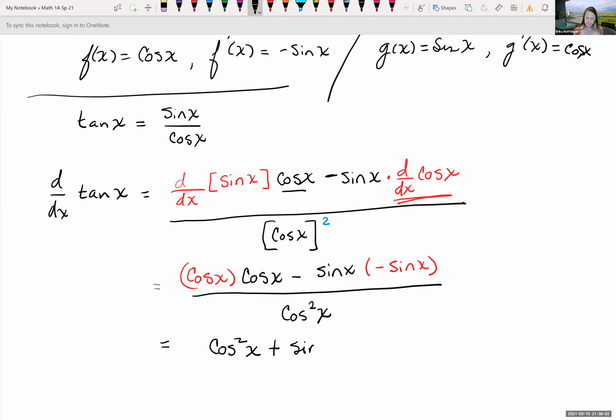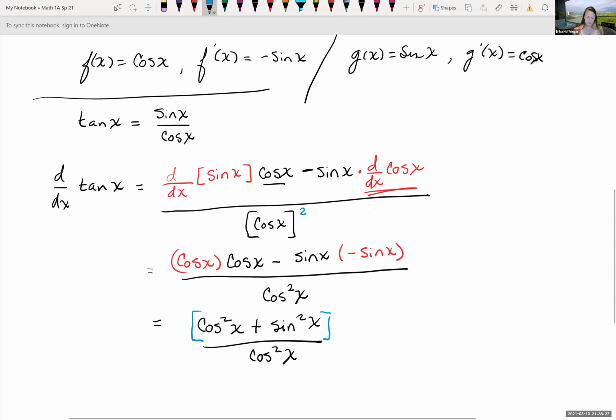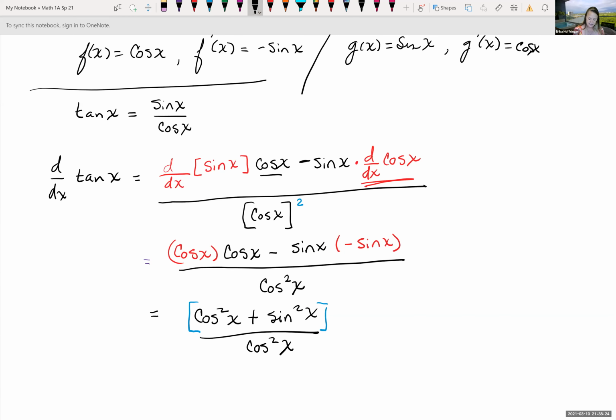Sine squared x, all over our denominator, cosine squared x. We're almost there. Cosine squared x plus sine squared x, that one really should look familiar to you. That's our Pythagorean trig identity, and that's 1. So we have 1 all over cosine squared x.